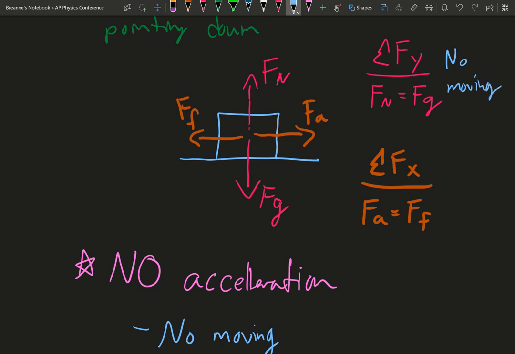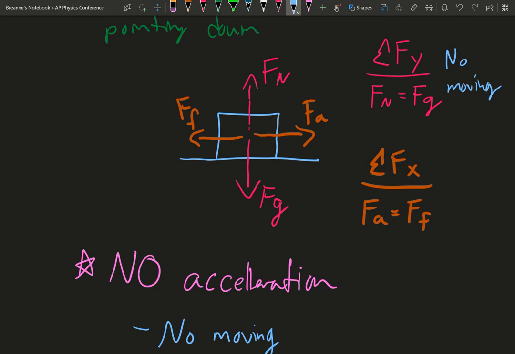It's a box sitting on the ground. Now, if it's moving in the x direction, we don't know. We don't know if it's moving or not moving in the x direction without other information.